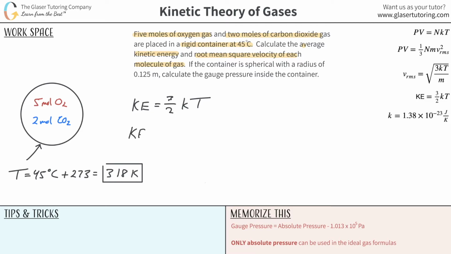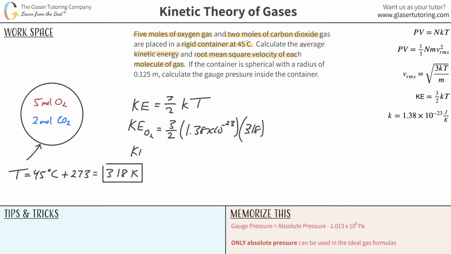So the kinetic energy of, let's say, oxygen, O2, would equal 3 divided by 2 multiplied by our Boltzmann constant of 1.38 times 10 to the minus 23rd, then multiplied by the temperature of that particular atom or molecule. In this case, it's a molecule of oxygen. It's going to be 318 Kelvin.